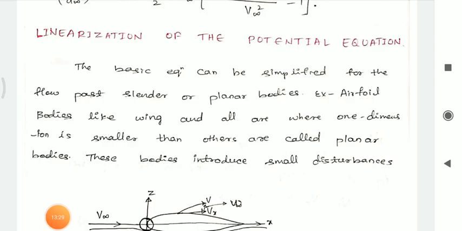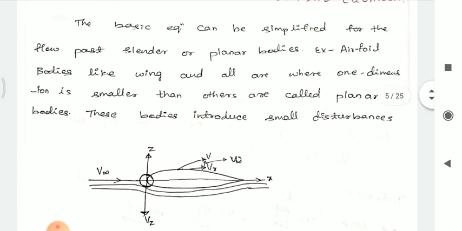Now the linearization of potential equation. The basic potential equation derivation we have seen. If you simplify it for slender bodies or planar bodies like airfoil or wing bodies, then you'll have the linearization of potential equation. So what planar bodies or slender bodies mean is where one dimension is more than the other dimension.